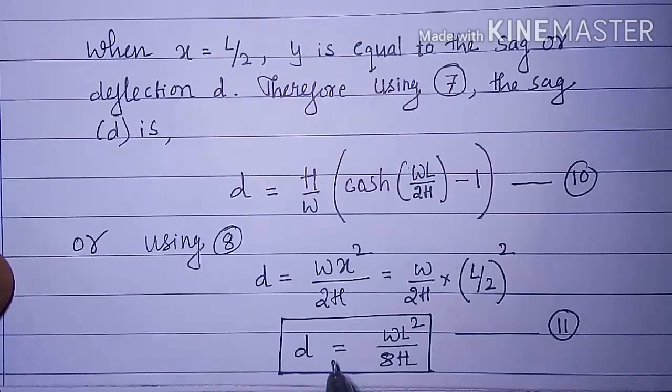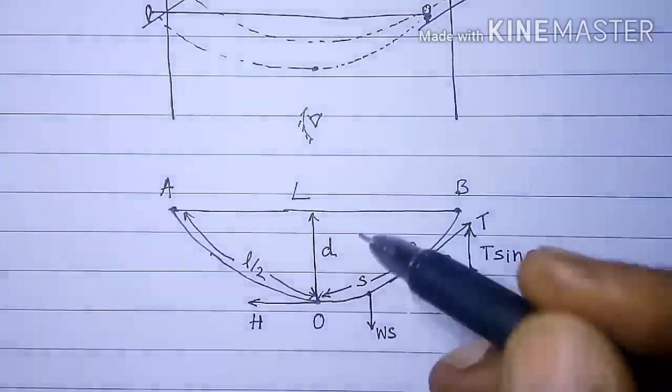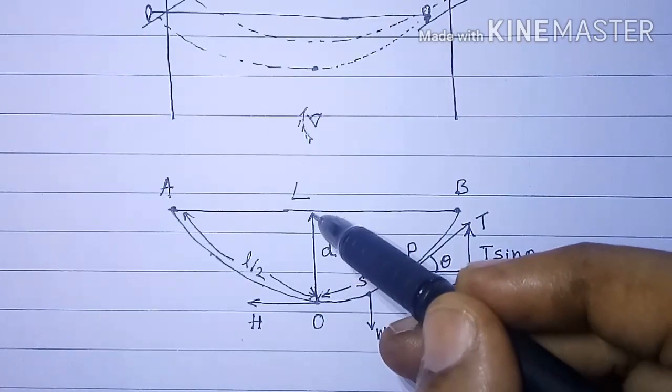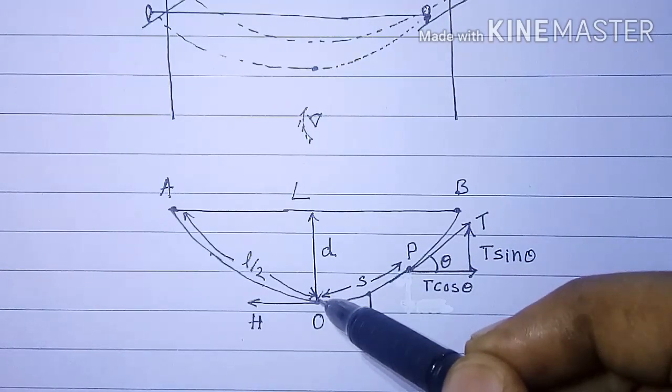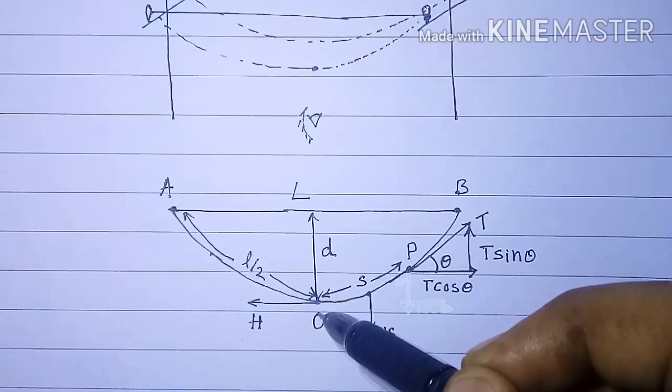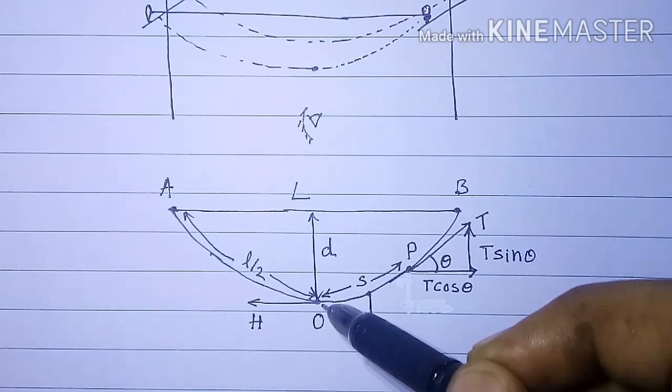So what is this D then? Referring to the figure, you can see here the maximum deflection or maximum sag is D, which is at the midpoint of the conductor supported by the poles which are at the same level.